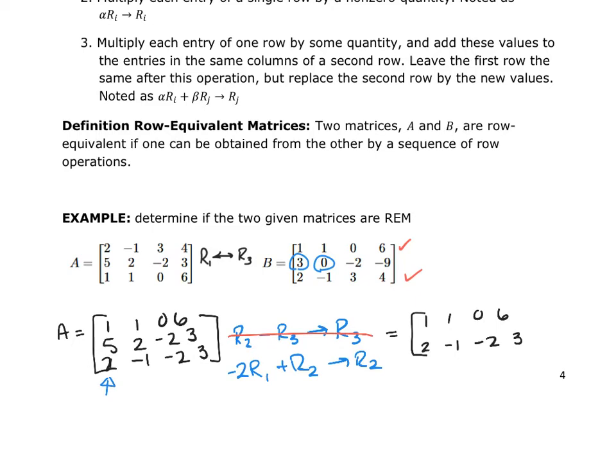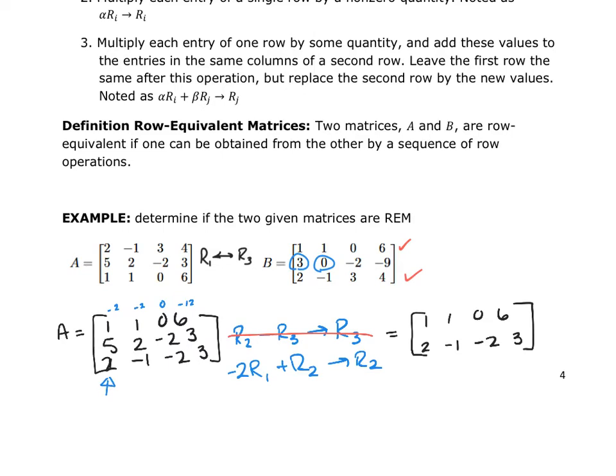-2, and 3. Now, I typically will use a lighter colored pencil or maybe even a different colored pencil so I can do that -2 multiplication up into the side of my initial row. So this becomes a -2, -2, 0, and -12. That makes it easier when I actually add those two rows.